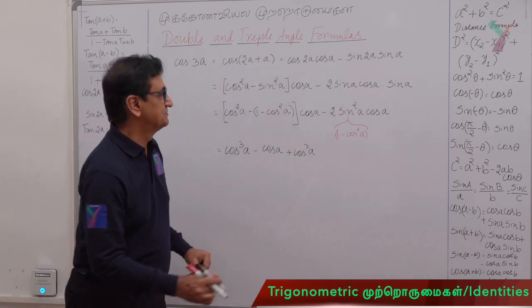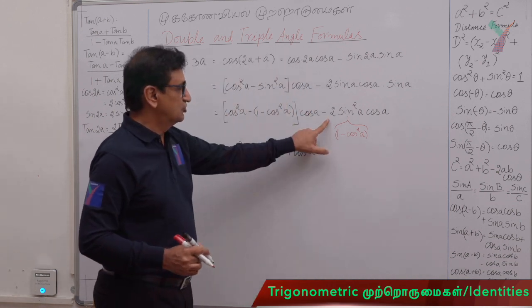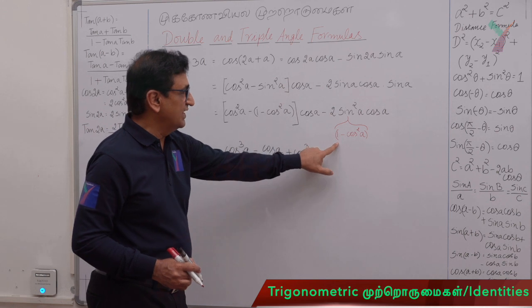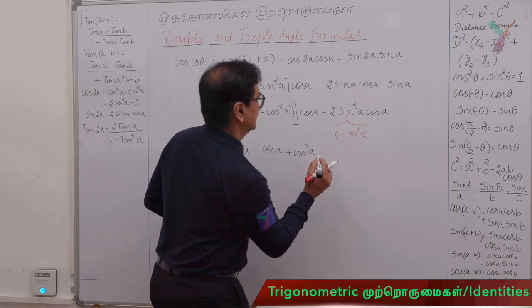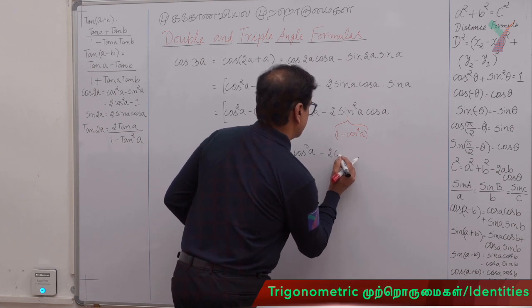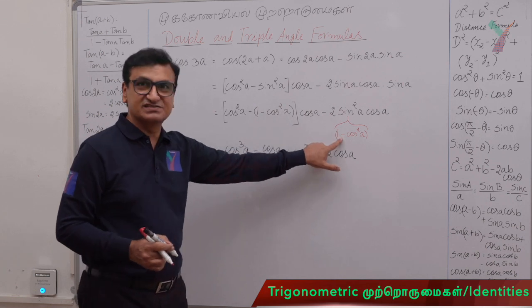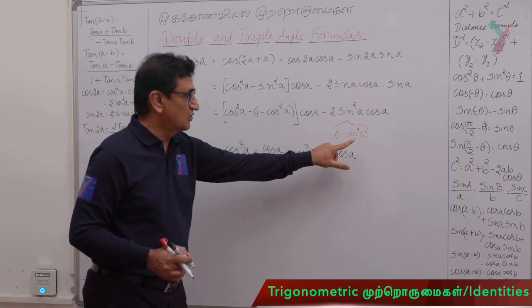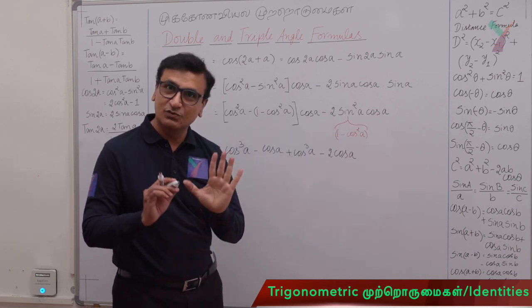Let's come to this term. Minus 2 into 1 into cos A, 2 cos A. Okay? Then minus of minus is plus, so 2 cos square A multiplied by cos A. This will be 2 cos cube A. Okay?